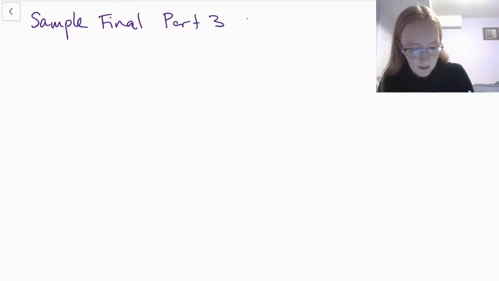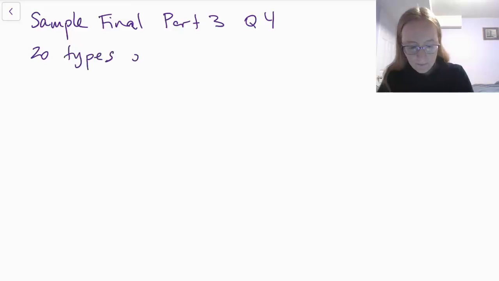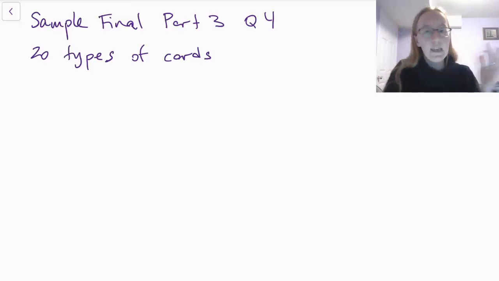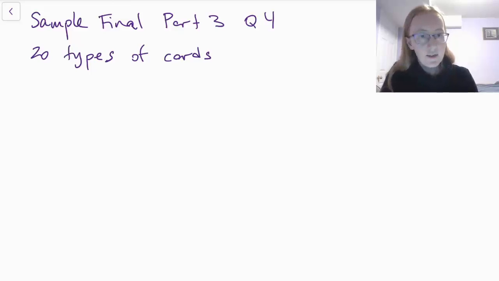Part 3, question 4. So we've got 20 different types of collectible cards, and each time it's equally likely to be any of the 20. And Y is the number of types of cards you still do not have after buying 10 random cards.